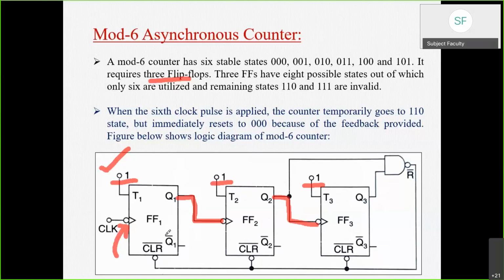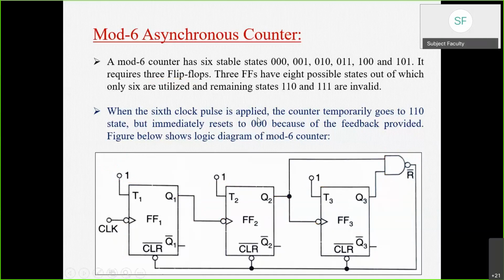That means the flip-flop will change its state only when the negative edge appears at its clock. So we already know this particular diagram. The only thing unknown to us is this particular connection, so we will see that.